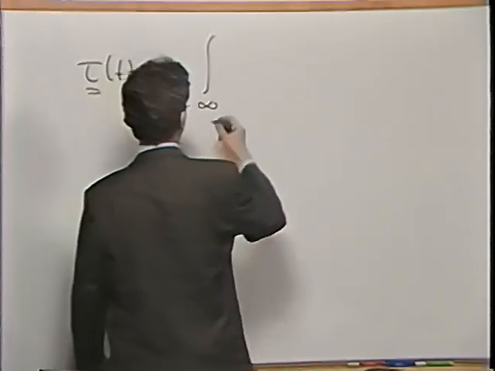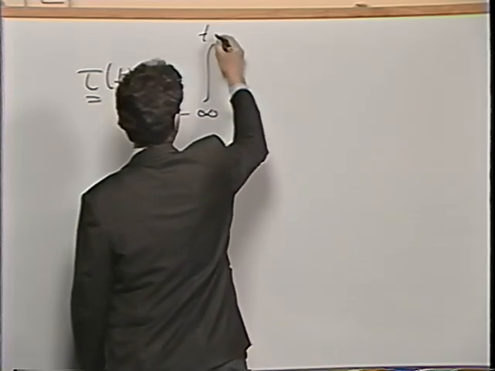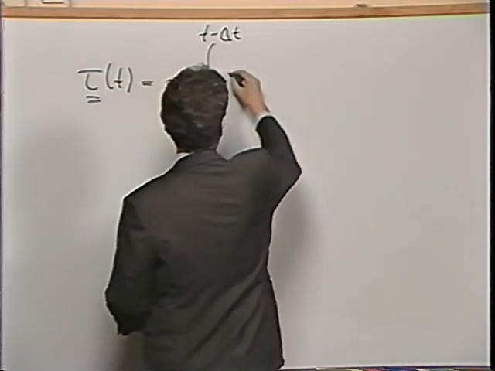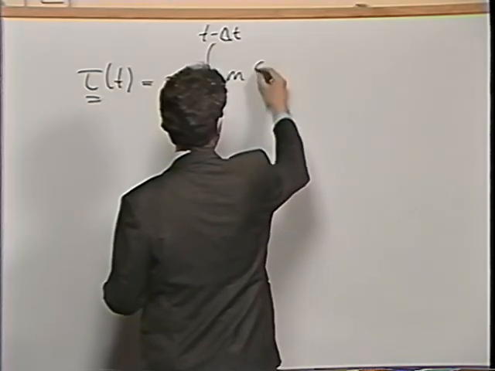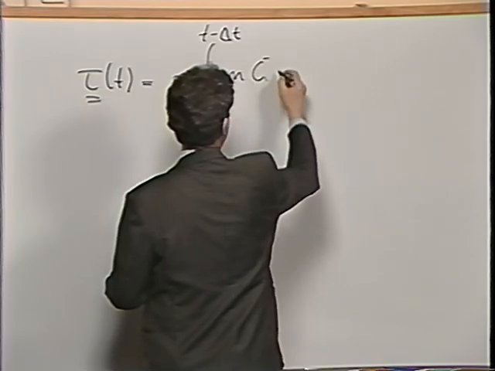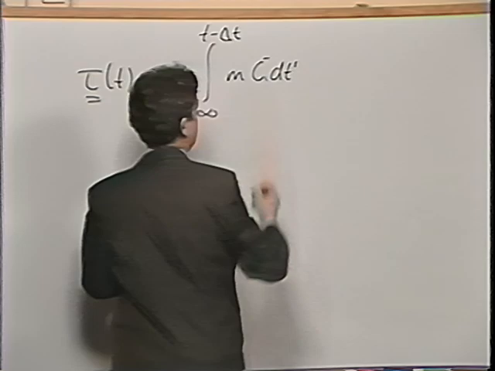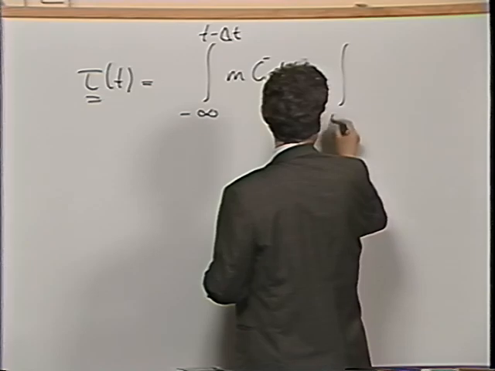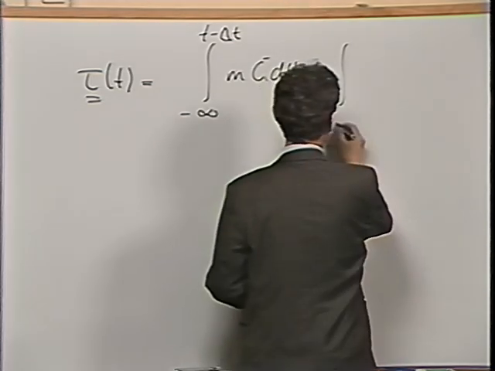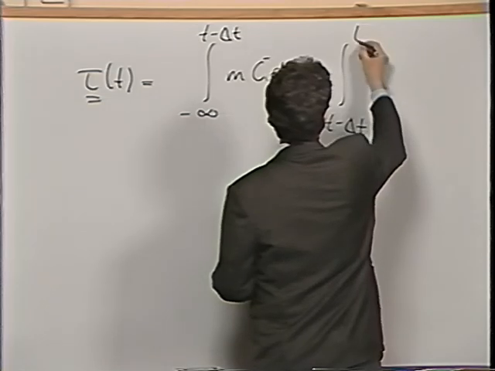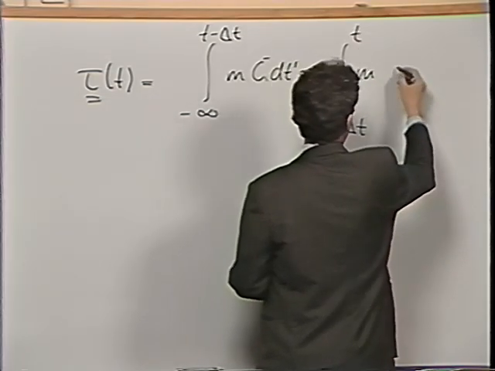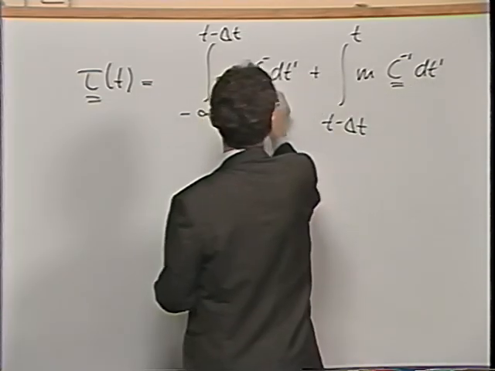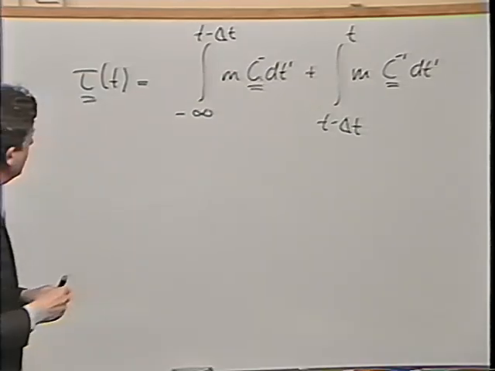So we take a first integral from minus infinity to t minus some increment delta t, and the large rubber-like liquid equation would give us here the Finger strain tensor, dt prime, and the memory function, plus now the second part of this integral. This is from t minus delta t to t, taking the memory function, Finger strain tensor, dt prime. And those are the tensors which we are looking for.